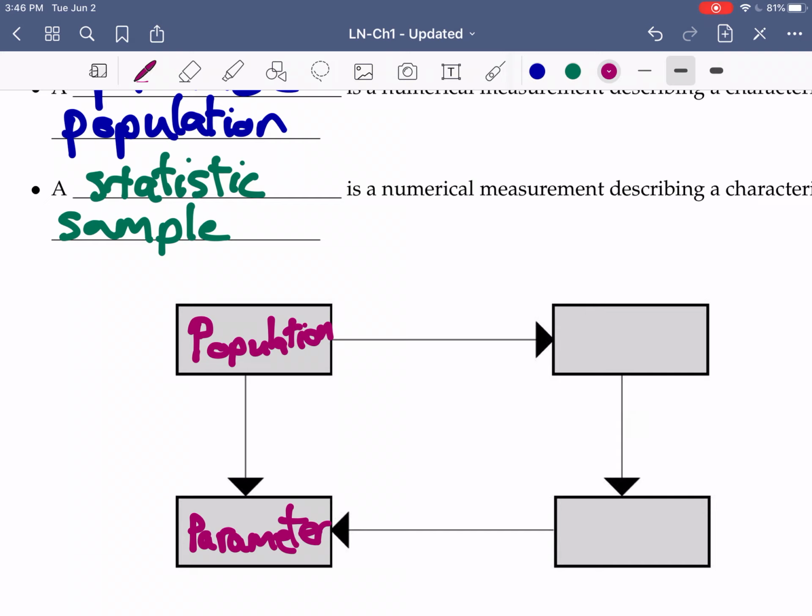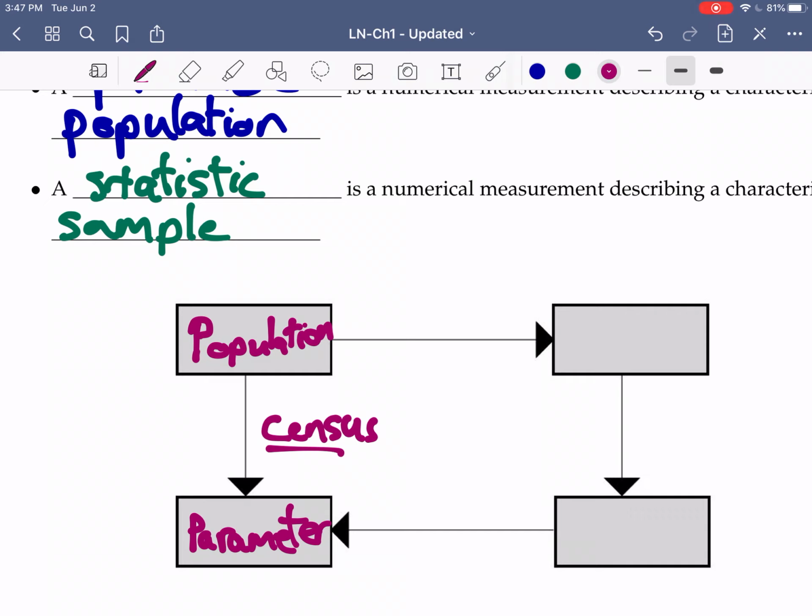If we were going to collect information from the entire population, we would do that by way of a census. But the thing about a census is those can be really expensive. They can be really difficult to do. There's a reason why the U.S. only does a census once every 5 to 10 years. It's because of the cost and the difficulty associated with doing that.